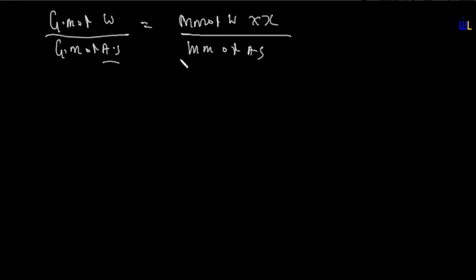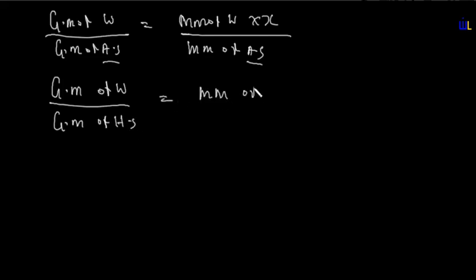Notice if anhydrous salt is here, anhydrous salt will be here. And the second formula: given mass of water over given mass of hydrated salt equals molar mass of water times X over molar mass of hydrated salt.